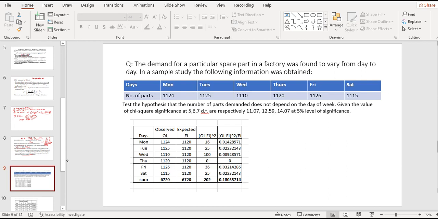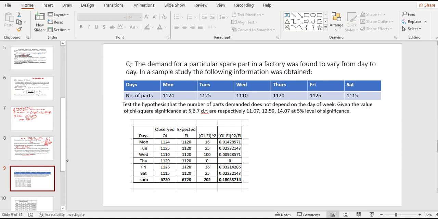We are given the demand of the spare part by day, like on Monday the demand is 1124, on Tuesday it is 1125, on Wednesday it is 1110, and so on, right?